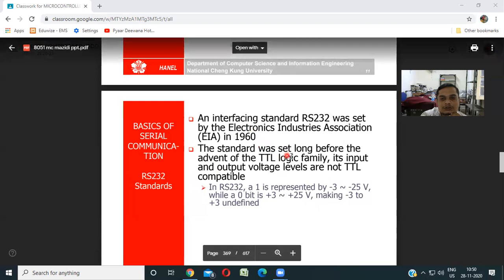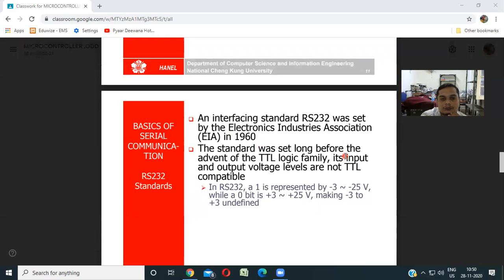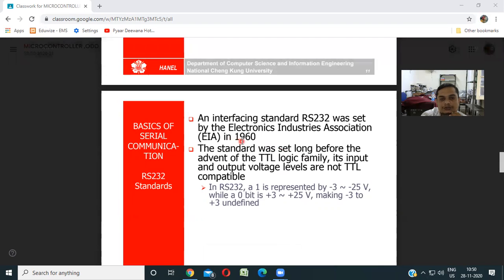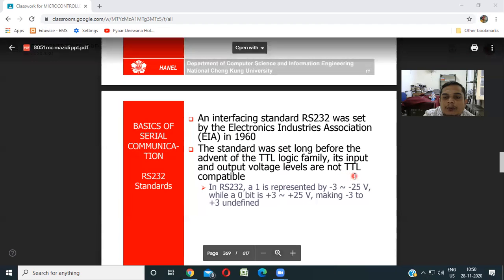The standard was set long before the advent of the TTL logic family. They developed this standard in the 1960s, but present day systems, like the 8051 microcontroller we are discussing, are made up of the TTL logic family. Its input output voltage levels are not compatible with RS232.